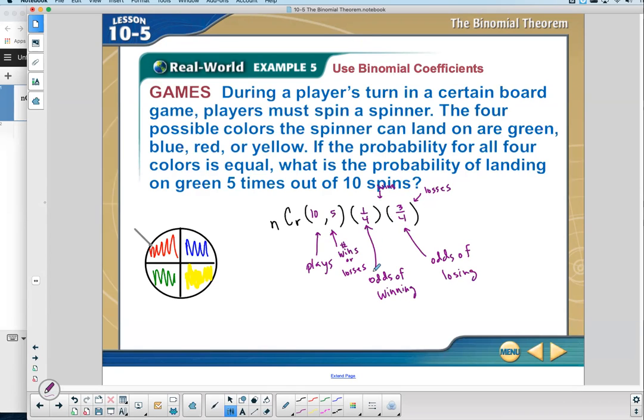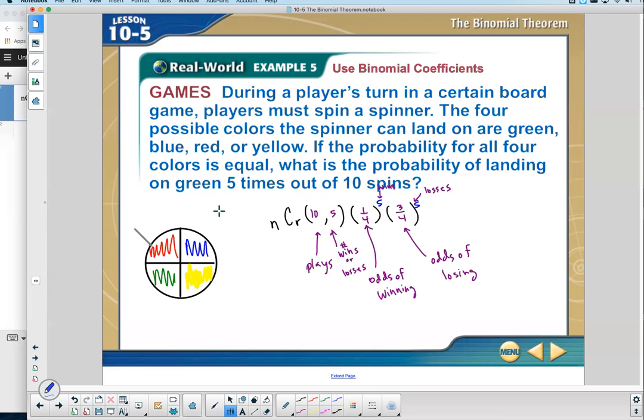Okay, if we win 5 times, how many times do we lose? Five times. Right, 5. If you win 5, you lose 5. It's playing 10 times. So those are our values that we plug into the calculator.